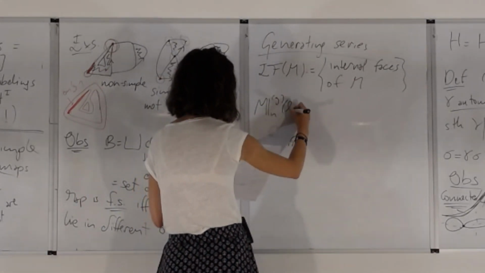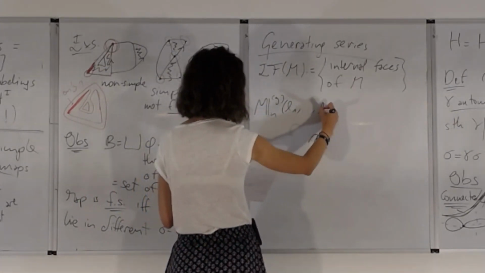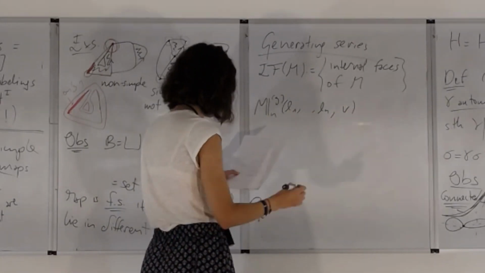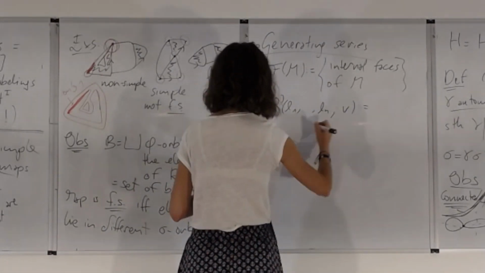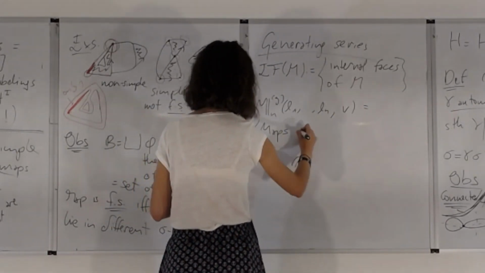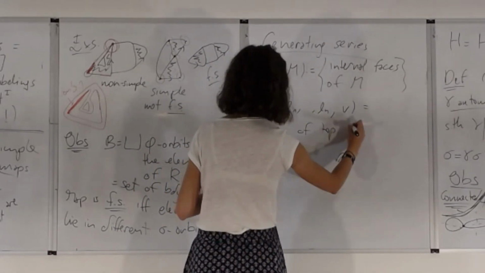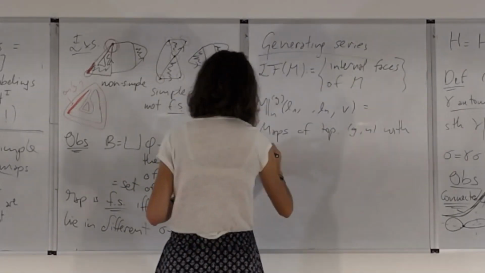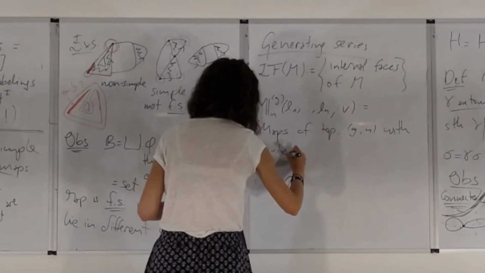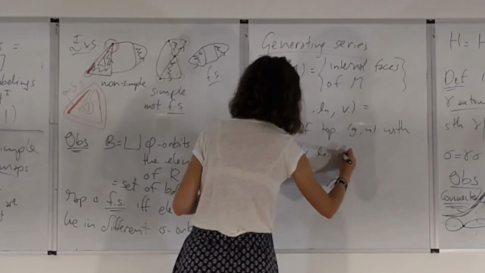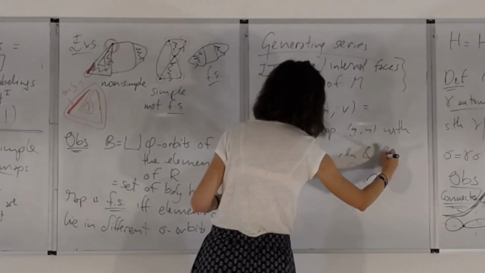We fix the boundary lengths L1 to Ln, and we fix the number of vertices. So, just what I said, this is maps of topology g, n with boundary lengths L1 to Ln, and V vertices.